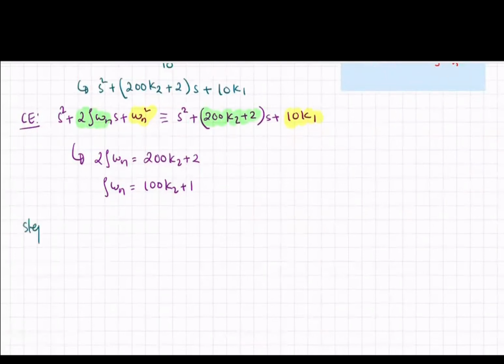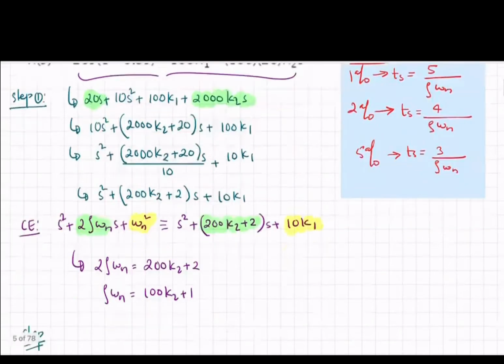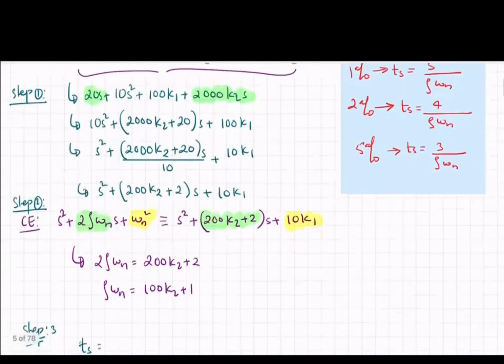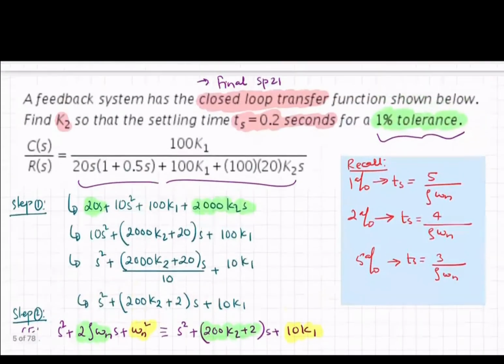So let me write this as steps. This is step 1. We need to convert this to the characteristic equation. This is step 2, and this is my step 3, right? So step 3, settling time equals, for 1% tolerance, I can say 5 over zeta omega n. So 5 divided by zeta omega n equals 0.2, which is given in the problem here.